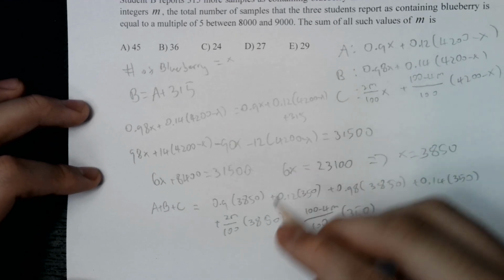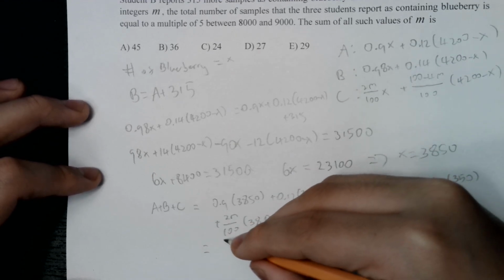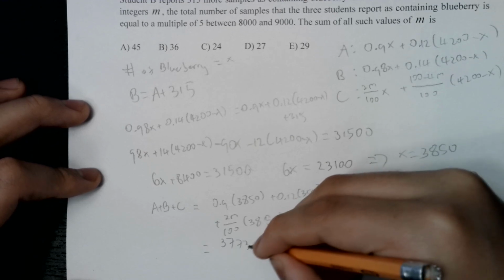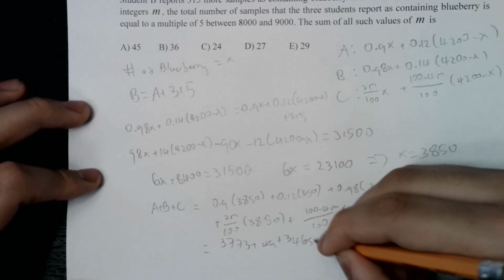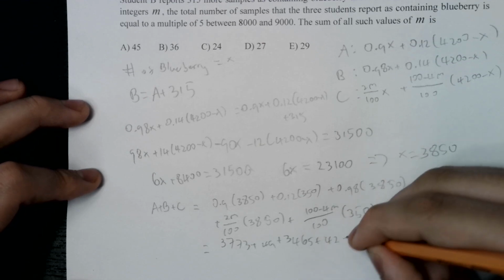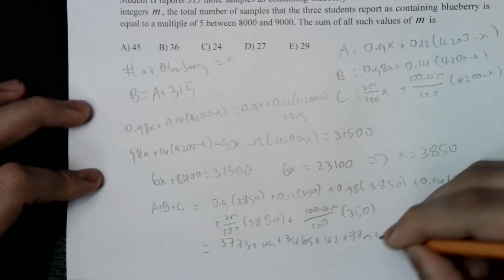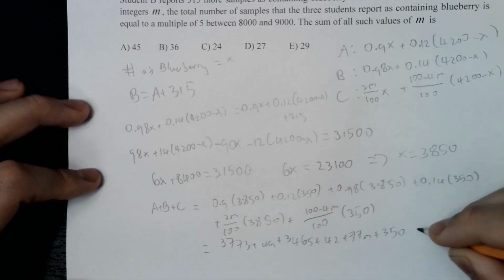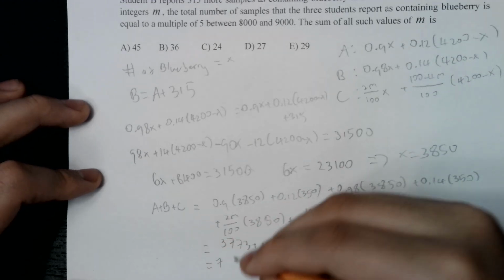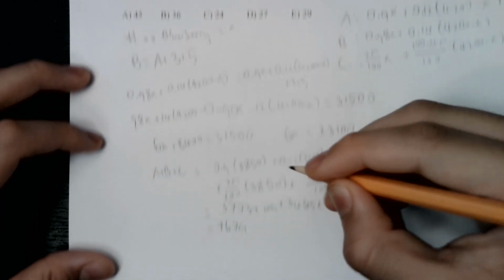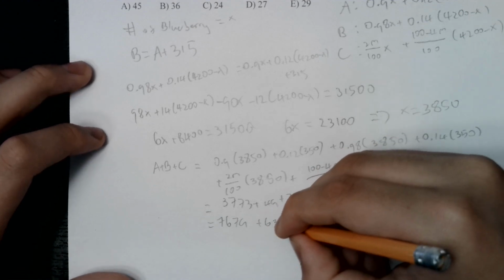Now, similar to before, we just need to expand it, and we get 2,773 plus 49 plus 3,465 plus 42 plus 77m plus 350 minus 14m, which equals 7,679 plus 63m.